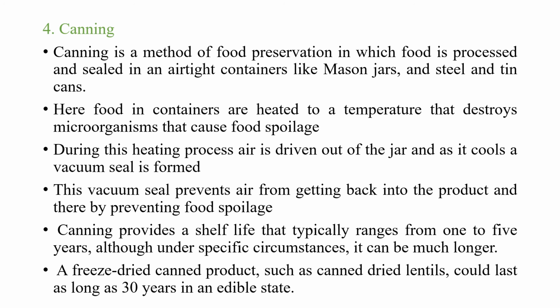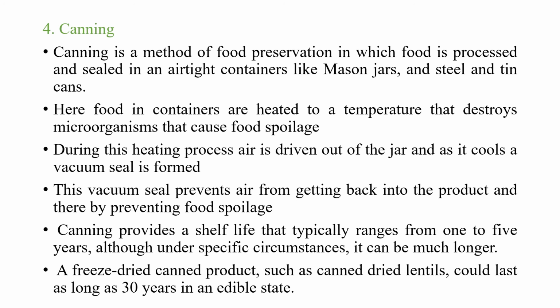During this heating process, the air is also completely driven out of the jar, and as it cools, a vacuum seal is formed above the food items inside these containers, and this vacuum seal will prevent air from getting back into the product and thereby prevent the entrance of spoilage microorganisms.